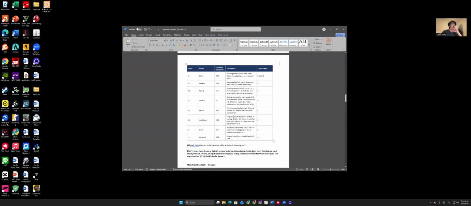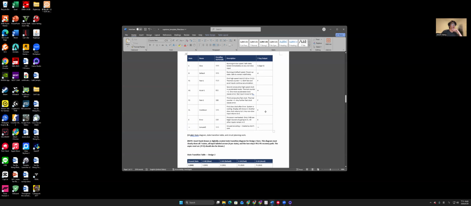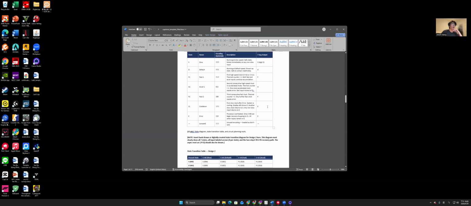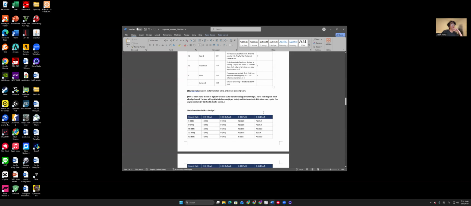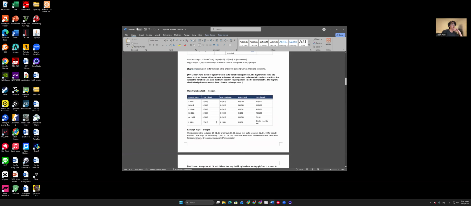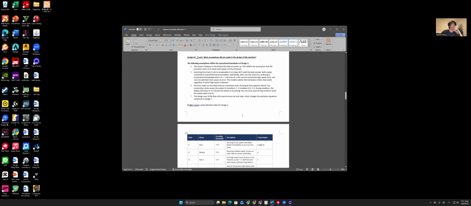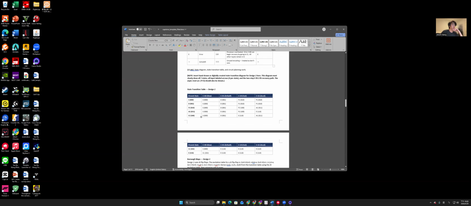On the first slow clock after error, the system is cooling and the display still shows E. Another slow clock returns to S. The transition table is mostly the same as design one, with the one difference being the cooldown state.